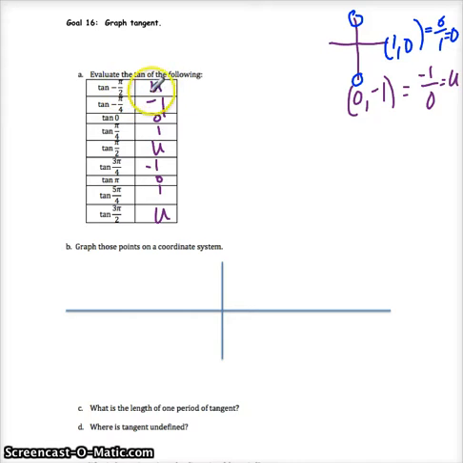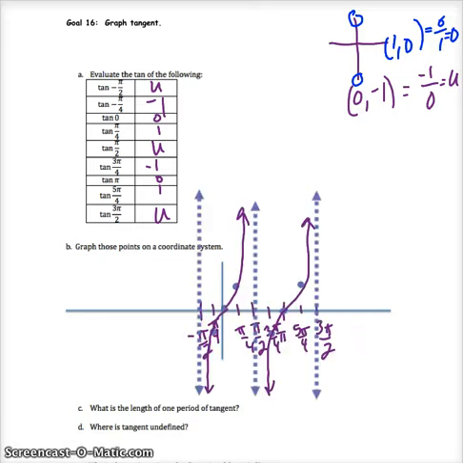The next thing I'd like for you to do is to pause the screencast and place these angle measurements along the x-axis and then plot the y values along the y-axis or in the y direction. Take a moment and do that. Let's check out what you graphed here. First, I labeled the x-axis with each of these angle measurements.